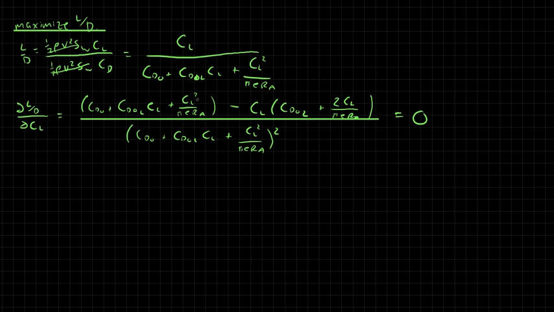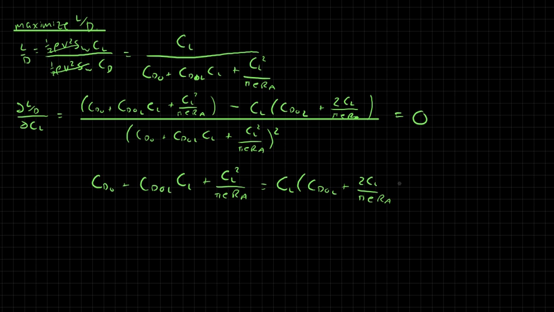Okay, but quickly we can see that in order for this to be 0, we just need the first term on the numerator to equal the second term in the numerator. So we can rewrite this as CD naught plus CD naught L CL plus CL squared over pi ERA equals CL CD naught L plus 2CL over pi ERA.